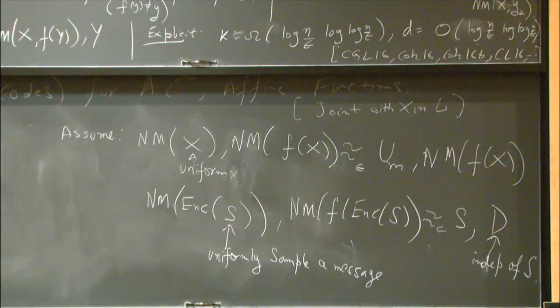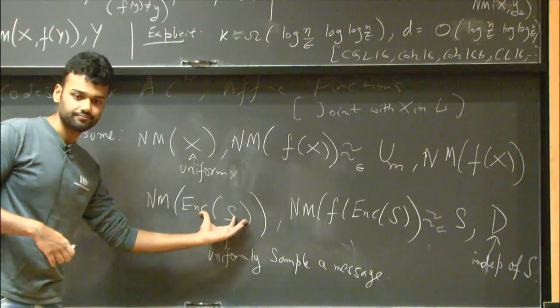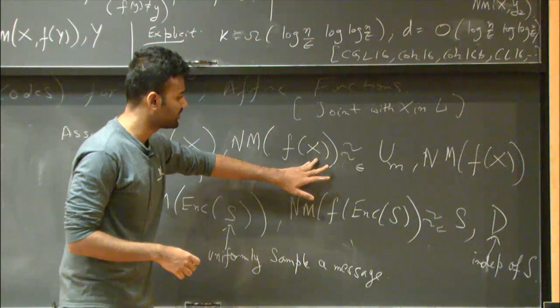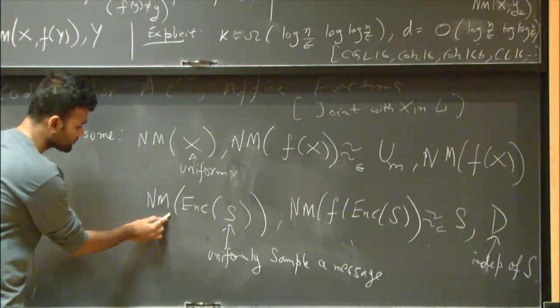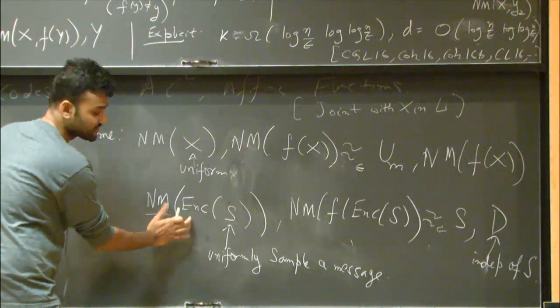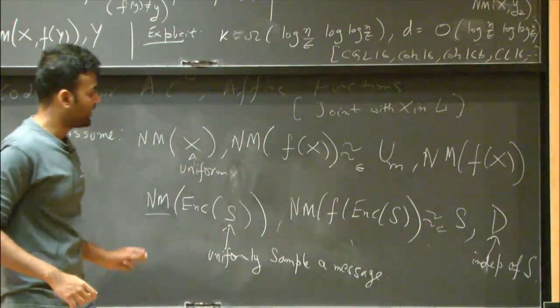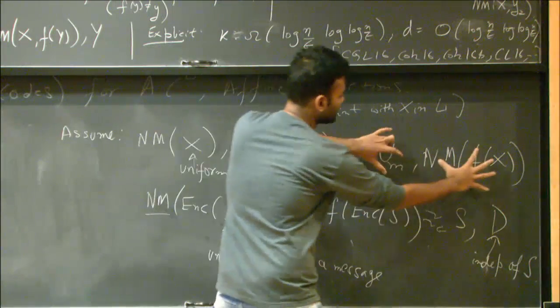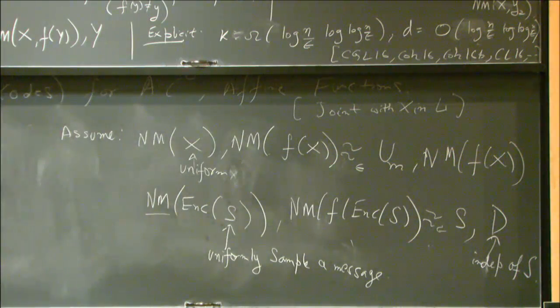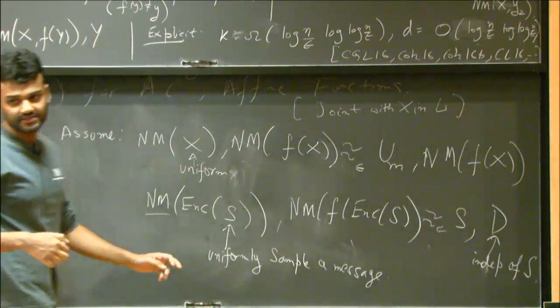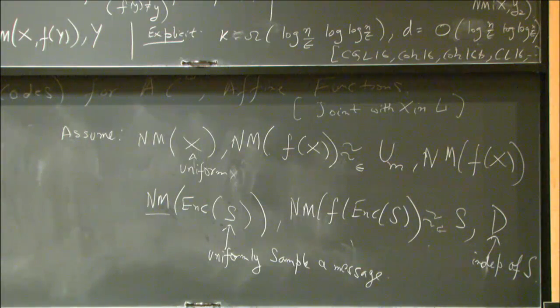So instead of X, you can just work with this source, and plug it in. The encoder is just the inverse image, so you actually get back S. And by our assumption, these are independent random variables, so there is some distribution D which is independent of your message S.